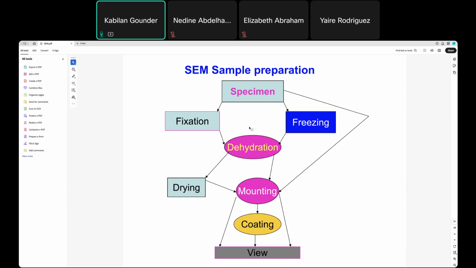If it is just metal or not living material, like wood or metal or any object, you do not need to fix the sample. You can just directly coat the sample.